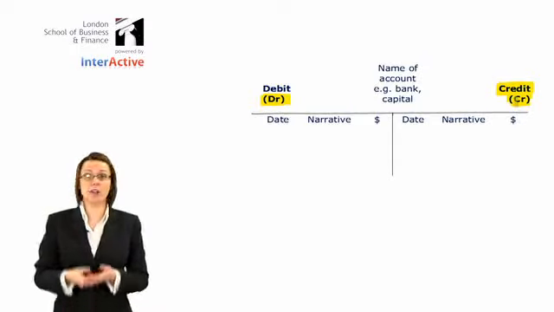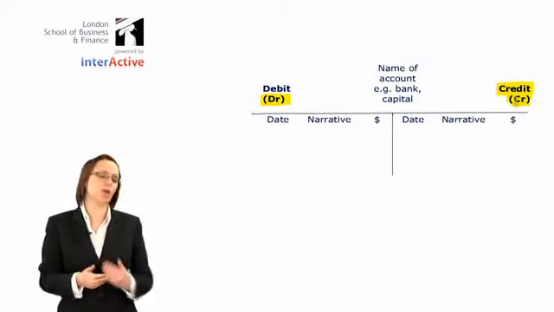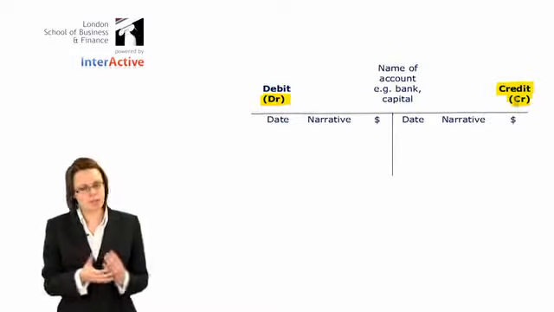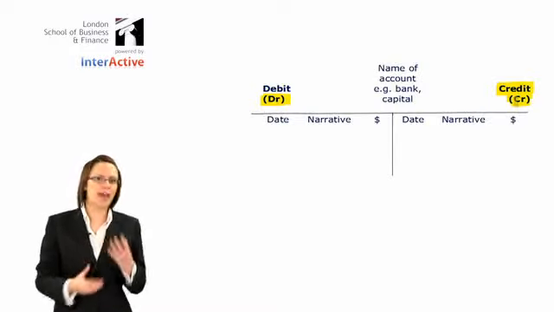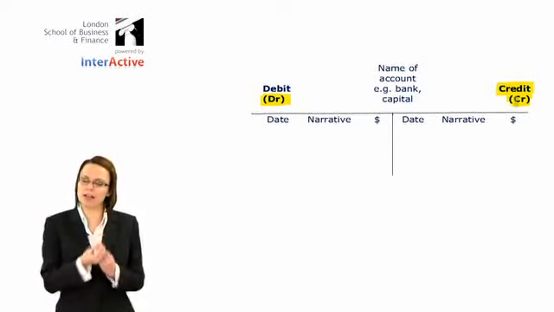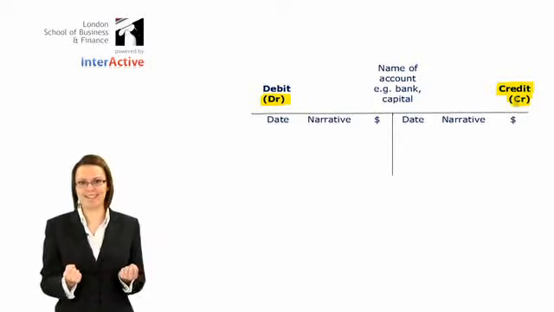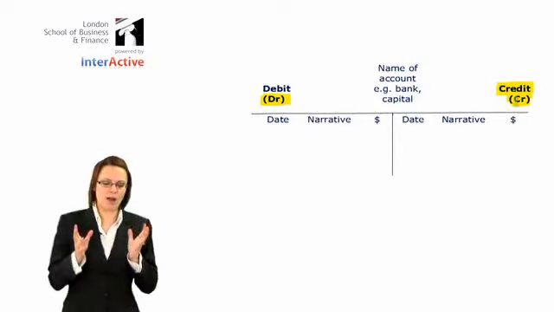We could also have a loan liability account to record the fact that the business now owes money to the bank, so on and so forth. But for every different type of asset, liability, etc., they're going to have their own ledger accounts with a debit and credit side.